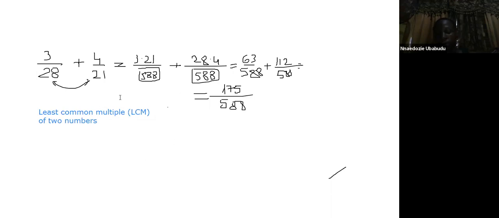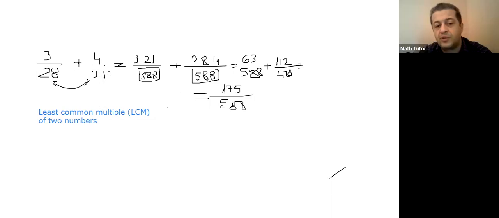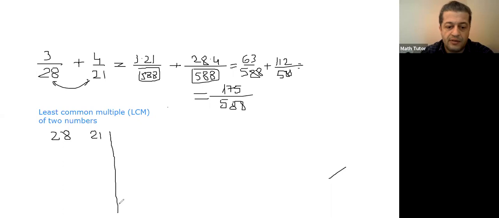Now let's take these two numbers that we are interested in, 28 and 21. I'm writing them right here, 28 and 21, and on the right I will make a vertical line.